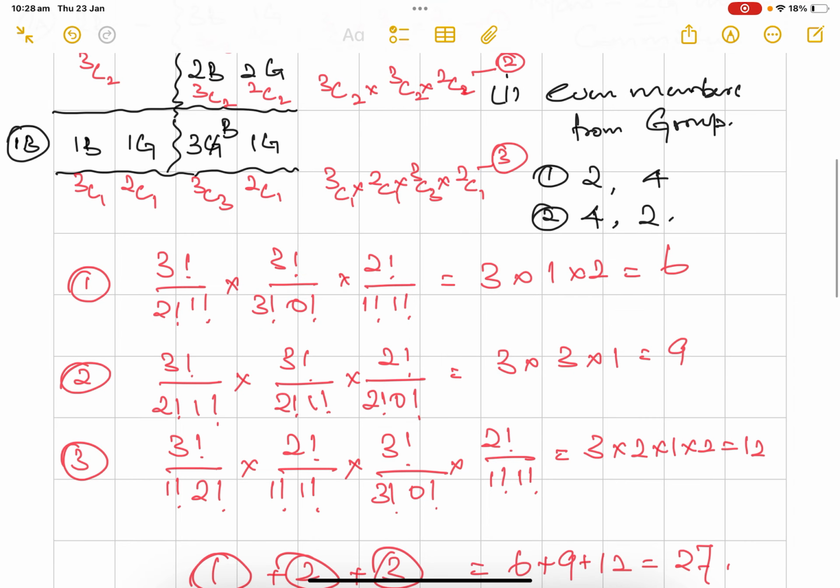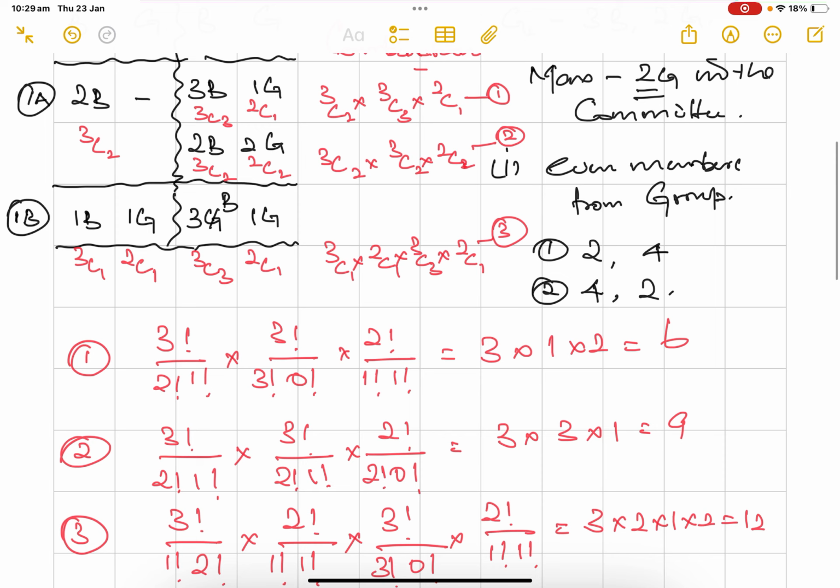Equation 1: 3C2 is 3 factorial over 2 factorial times 1 factorial, 3C3 is 3 factorial over 3 factorial times 0 factorial, and 2C1 is 2 factorial divided by 1 factorial, 1 factorial. So the first one is 3, second one is 1, third one is 2.